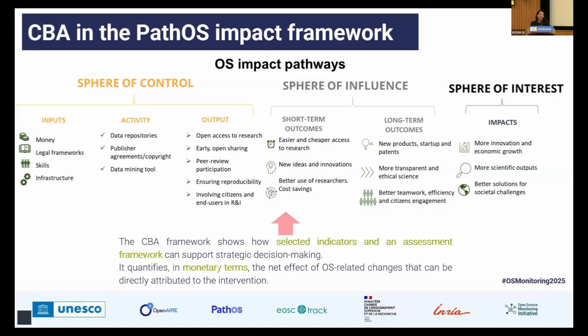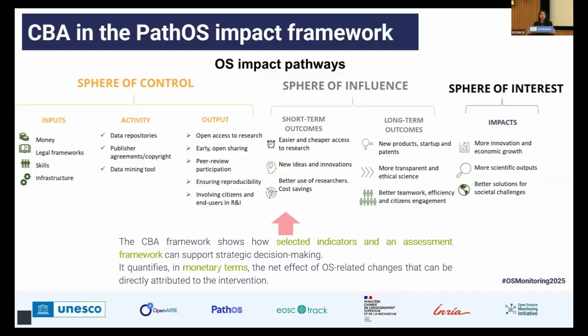So where does the CBA fit in this overall framework? The CBA provides an assessment framework to support the decision of investing in open science. It shows how some selected indicators can be used to take this decision.